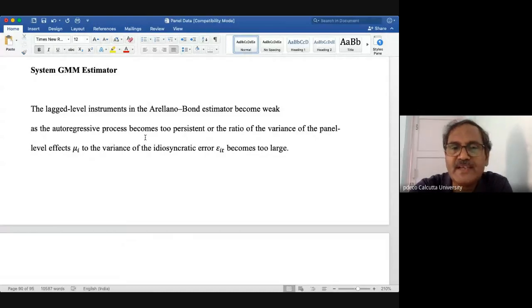So if the autoregressive process is persistent, that means the coefficient phi 1 is nearly equal to 1, then you have a problem. Okay.